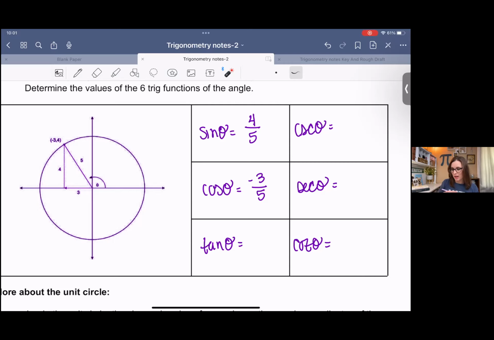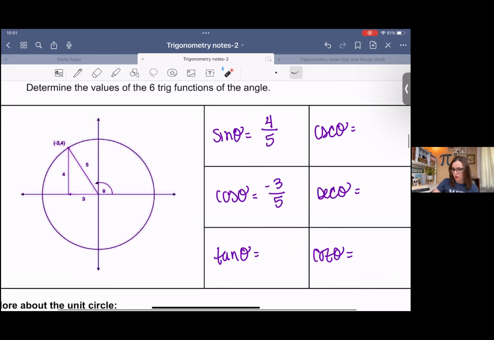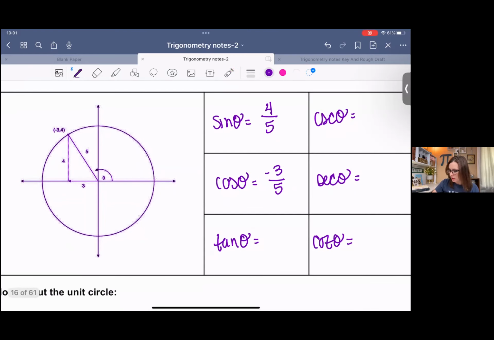So it's actually -3. And if you look at the x value, the x value is -3, so that does make sense for it to be negative. And then tangent is opposite over adjacent. That will be a -3. I don't really like to put the negative in the bottom, so I'm just going to put it outside in the front.